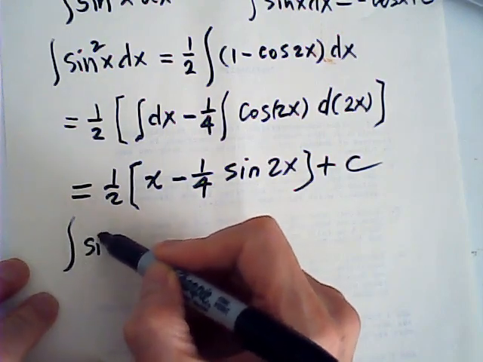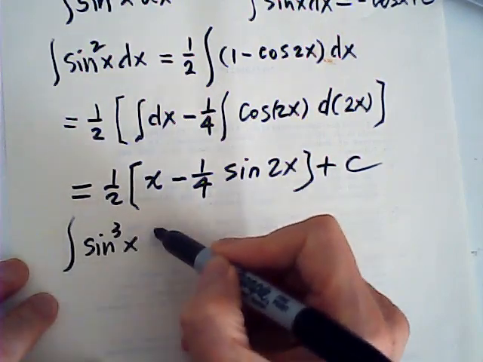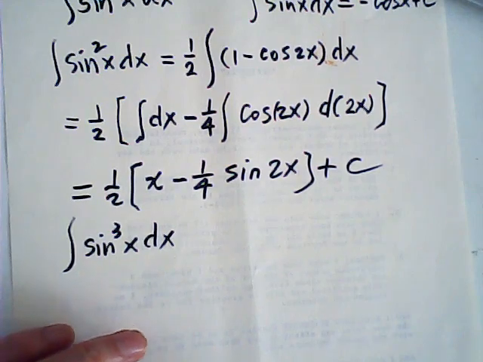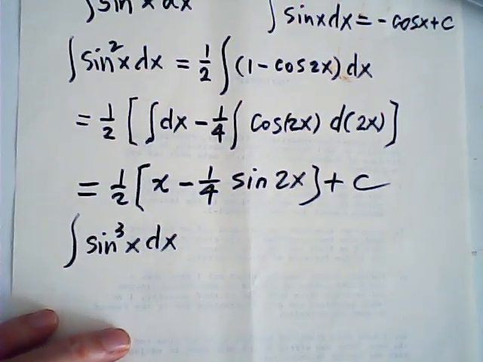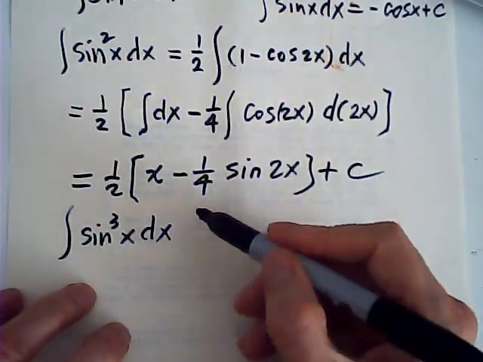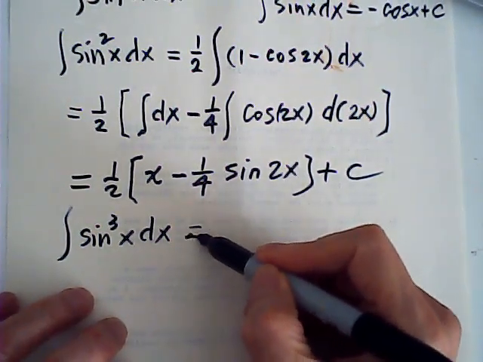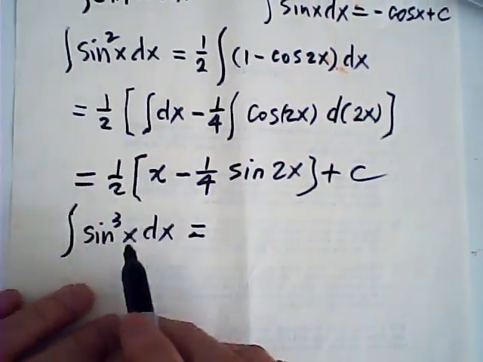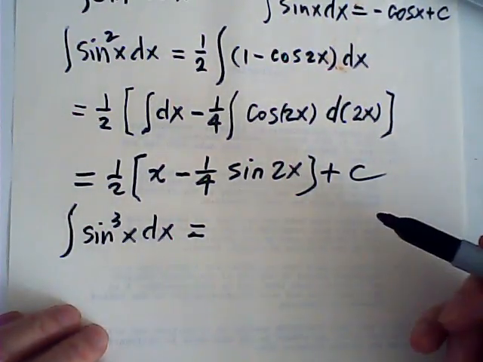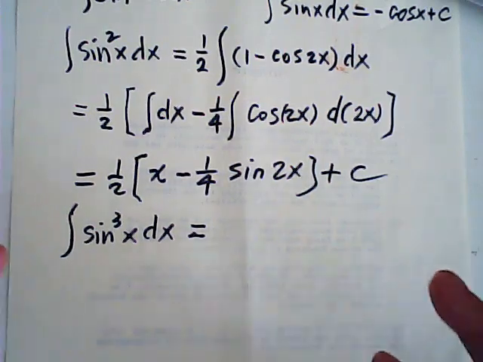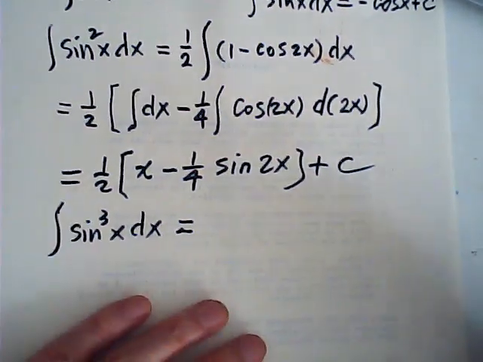Now sine cube x dx. Here the problem is that you are dealing with two functions, a cubic function and the sine function. So you have to solve one problem at a time.